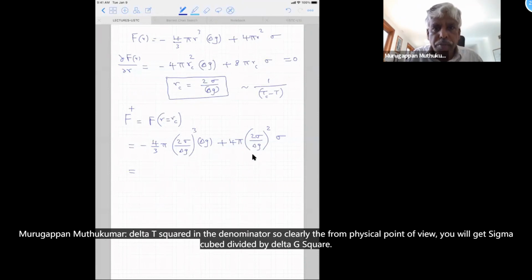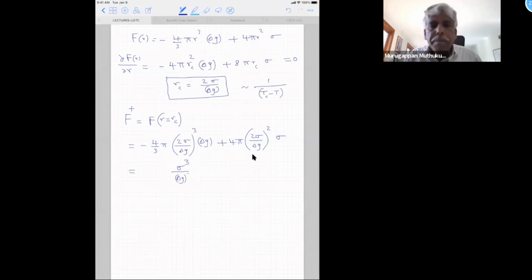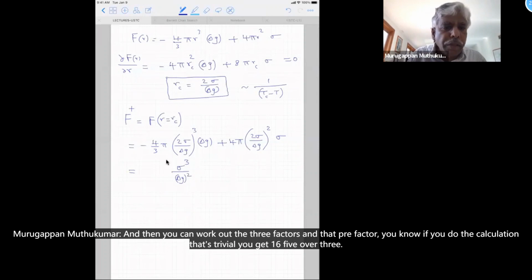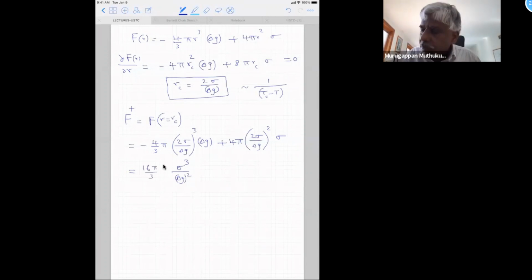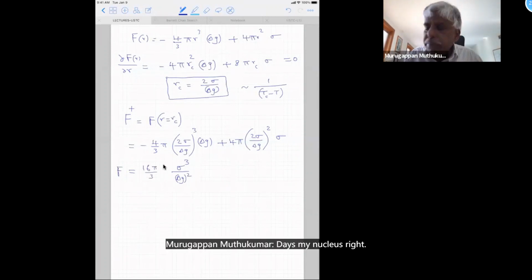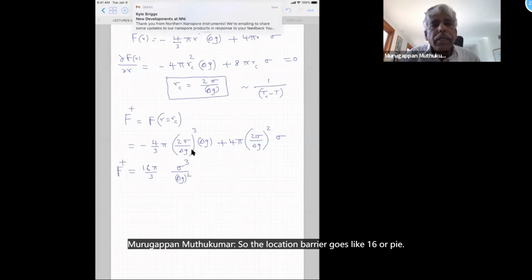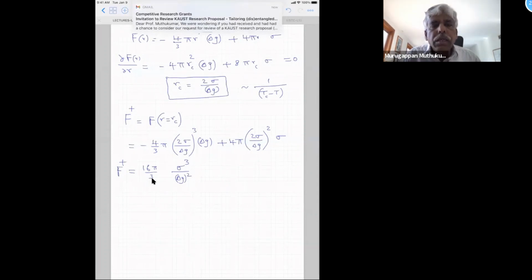So clearly, from a physical point of view, you'll get sigma cubed divided by delta G squared. And then you can work out the prefactors, and that's trivial. You get 16 pi over 3. So this is my nucleation barrier. So the nucleation barrier goes like 16 pi over 3 sigma cubed over delta G squared.